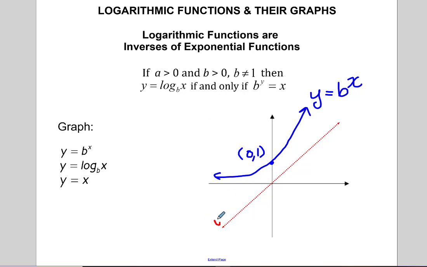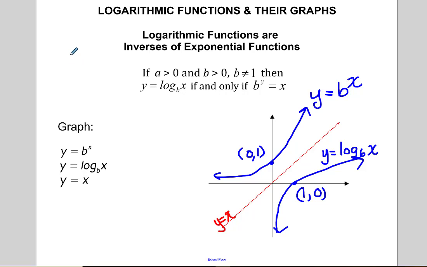We call that the identity function. The logarithm graph would pass through the point (1, 0), because each (x, y) on the exponential graph is flipped around on the logarithm graph, like such. So this is the graph of y equals log base b of x.